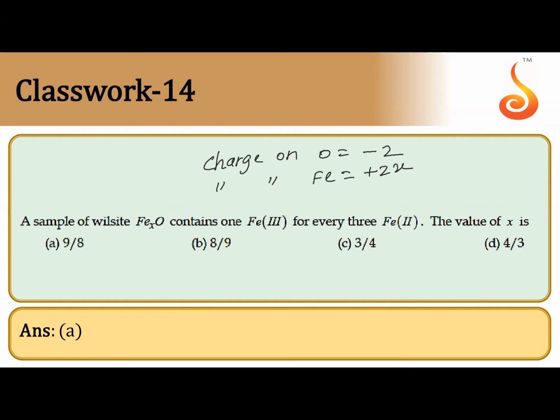So calculate total positive charge per iron atom. So this is per atom of oxygen and iron. 1 Fe3 plus, so plus 3.